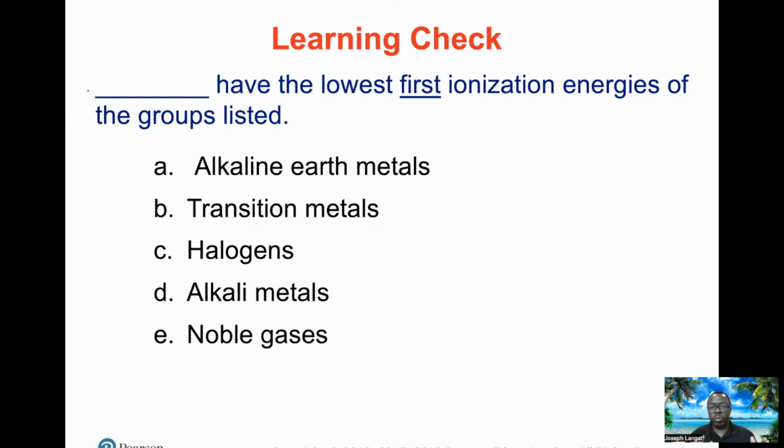If you don't know which group is alkaline earth metals, transition metals, halogens, alkali metals, or noble gases, you would not know. So first ionization lowest is always group 1, which is alkali metals. Alkaline earth metals are group 2, halogens group 7, and group 8A the noble gases. This one will have the highest first ionization energy.